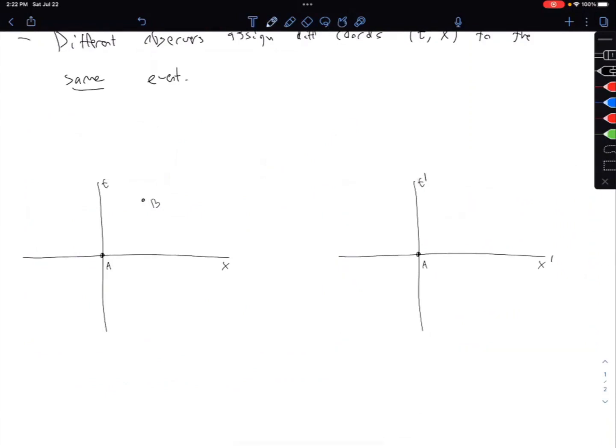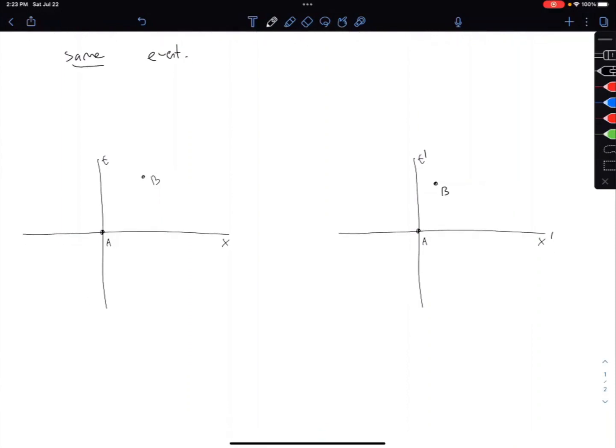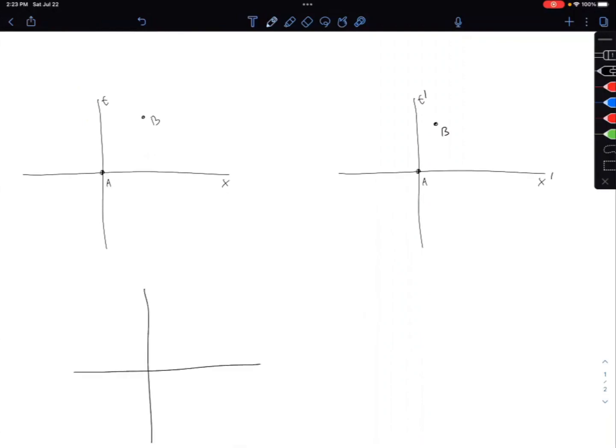t prime and x prime, these same events have different coordinates, right? And so maybe, if I were to move this guy along the hyperbola, it would be somewhere like here, right? But it's still B. It's still the same underlying event. It just has different time and space values. And what I was saying is that one way to visualize this is that if you were to draw where this point is in the primed frame and where the point is in the unprimed frame on the same grid, you would see that the points move along these hyperbolas.